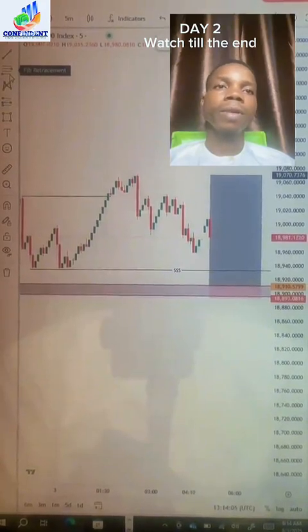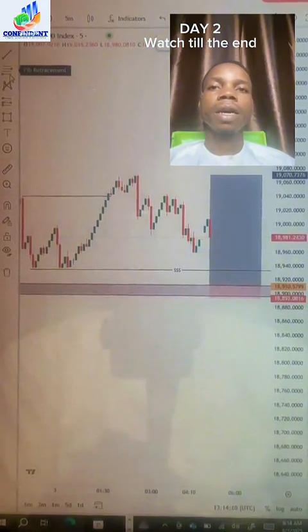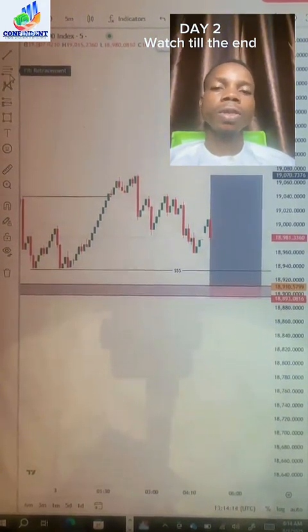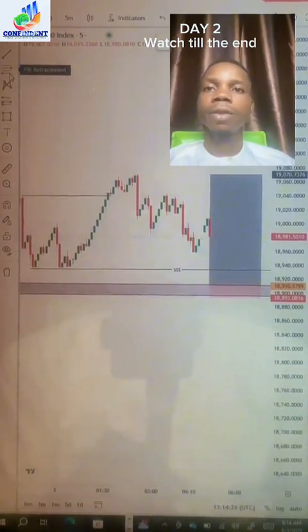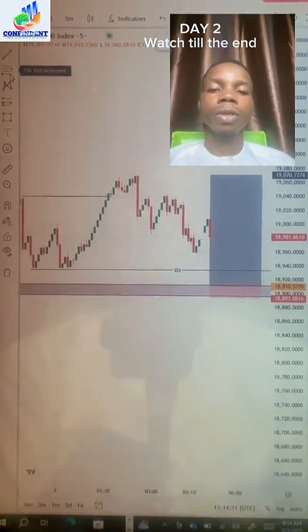The psychology behind the formation simply means, if we see something like that in the market, what is it trying to tell us? I'm not going to talk about how to use them to set up a trade yet. In the future, we are going to talk about that. For now, we are talking about how to identify it and the psychology behind the formation. So follow me, let's go.